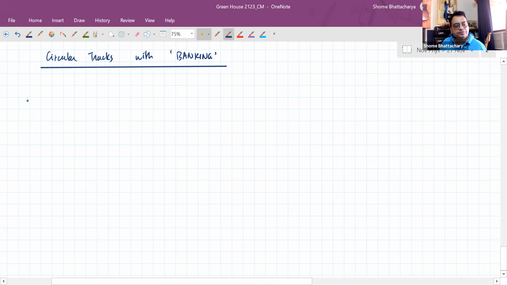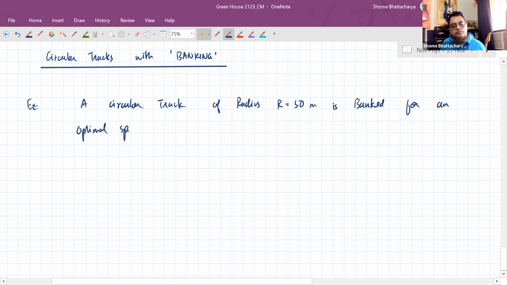So suppose a circular track of given radius is banked for an optimal speed of 36 kilometers per hour. So what this means is that at V equal to V naught, a vehicle will not have any tendency to slip.